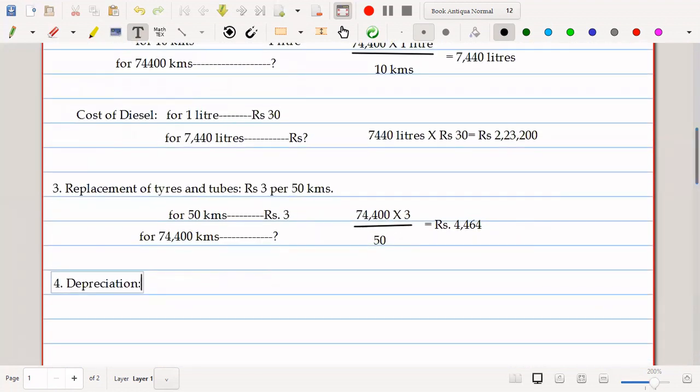So cost of bus is rupees 5 lakh into 15% into 4 buses.